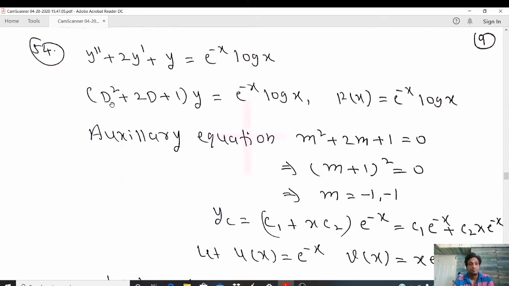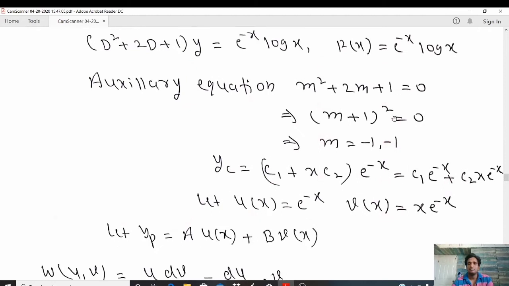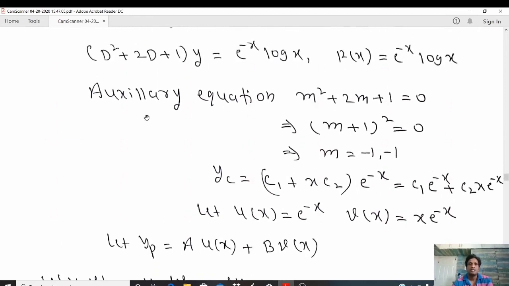See here, y double dash plus 2y dash plus y. I'm writing it as d square plus 2d plus 1 into y. Here d is equal to d by dx. R of x is equal to e power minus x log x as it is. Auxiliary equation: instead of d we write m square plus 2m plus 1 is equal to 0.